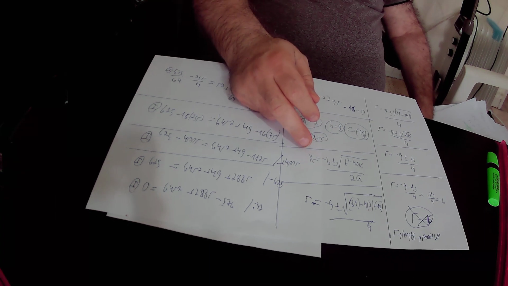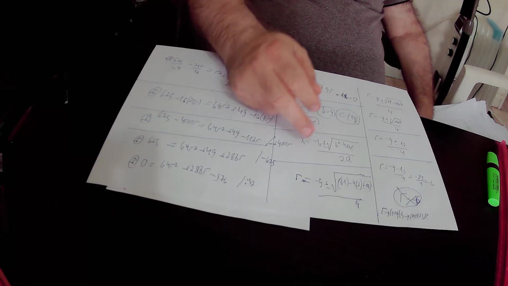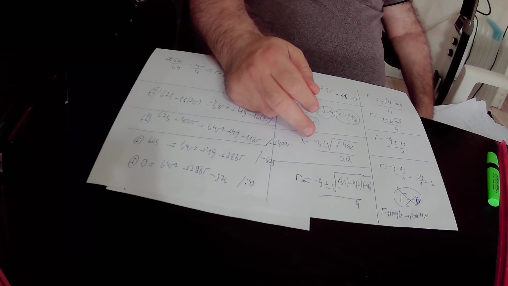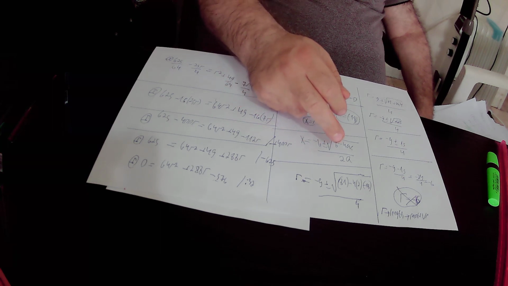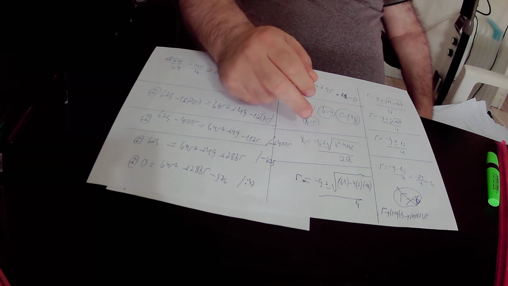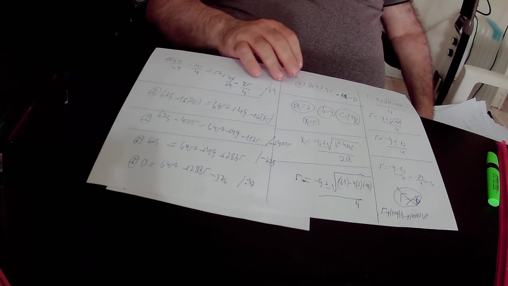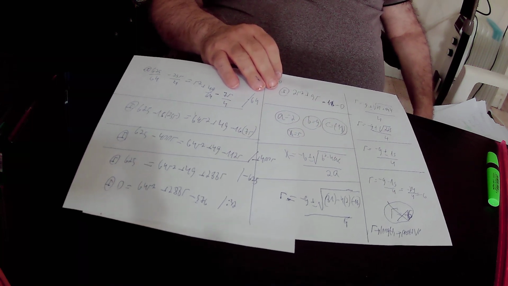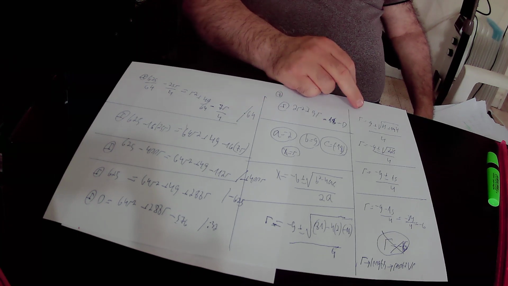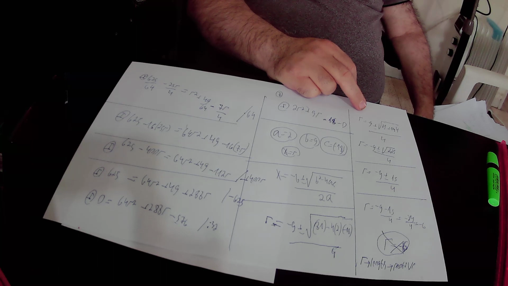So we substitute x by r, and we found out that r equals minus b. B is 9, so minus b is minus 9, plus minus the square root of b squared. B is 9, so b squared is 9 squared, that is 81. Minus 4 times a is 2, and c is minus 18, over 2a. A is 2, so 2 times 2 is 4. So here we got that r equals minus 9 plus minus the square root of 81.